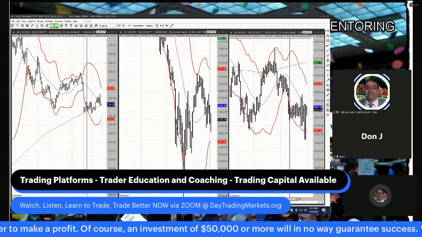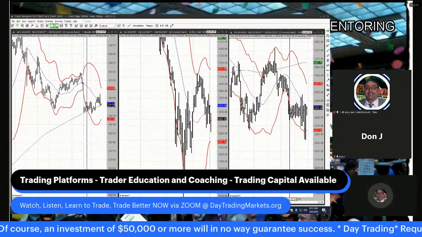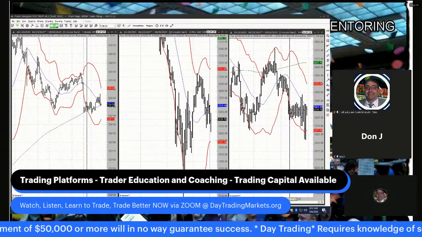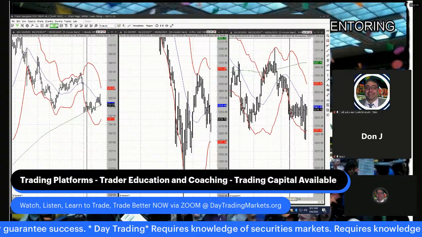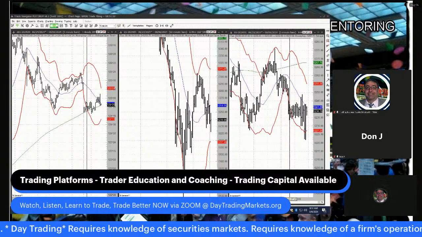All right, so we just went right up to that 42 area, a little resistance. So if we get above it, could go retest. Well, next level of resistance up there is at the 53 area.